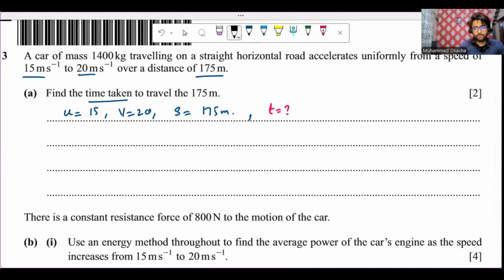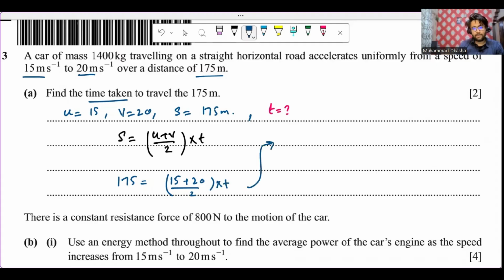Which equation of motion should I use? Well, if you open the formula book, I think you're given an equation, s equals (u plus v) divided by 2, times t. This is an equation of motion you're given in your formula book. I think I know everything, so I'll just put in the numbers. 175 equals u, which is 15, plus v, which is 20, divided by 2, multiplied by t.